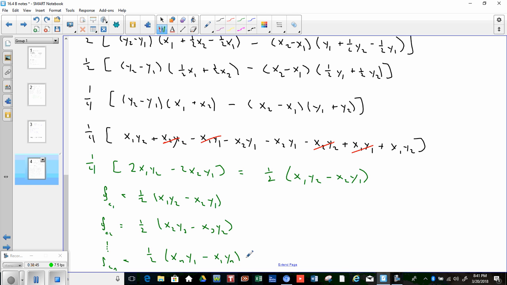And that would be the very last one. So you would do that all the time. In this case, you would do 10 of them. But really, if you did 10 of these and then you added them all together, what you would really have is the area of the polygon.